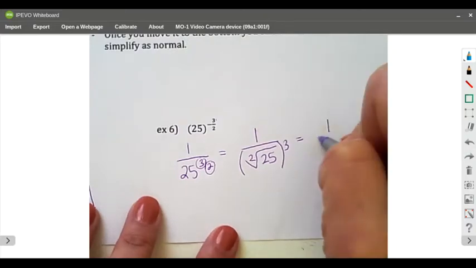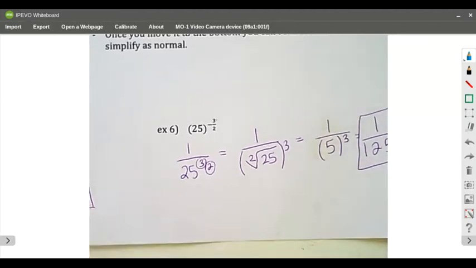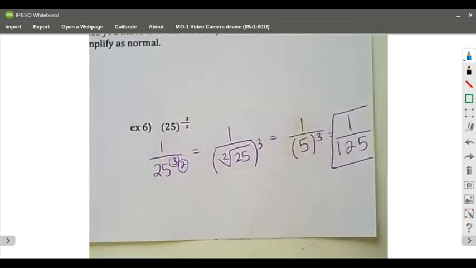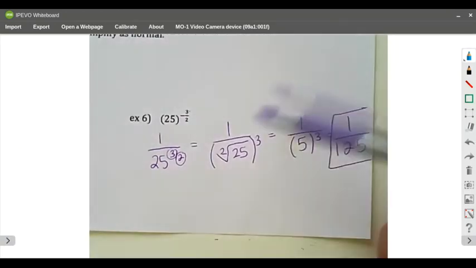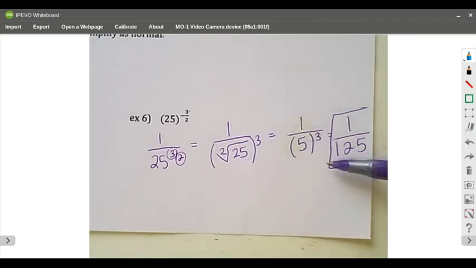So we have 1 over the square root of 25 is 5, and then 5 to the 3rd power is 125, so it's 1 over 125 would be your answer. Just remember that that 1 stays in the top. So again, to do these, you move it to the denominator and then write it out like we did last time. And then just keep the 1 in the top.